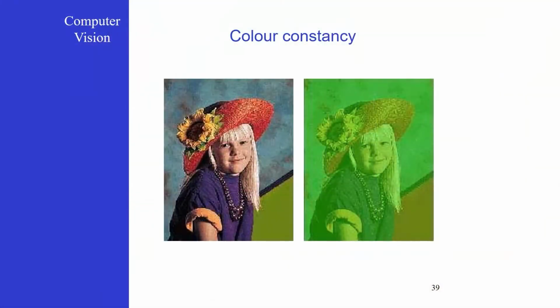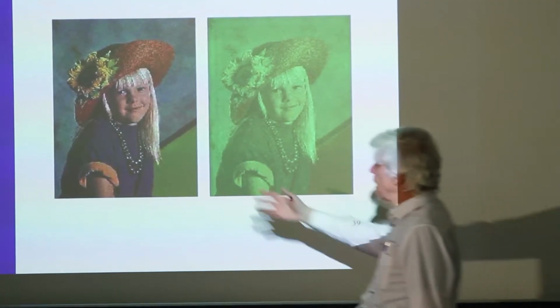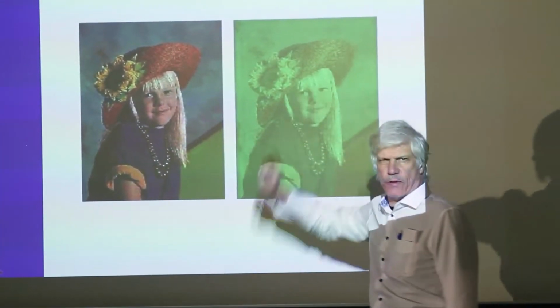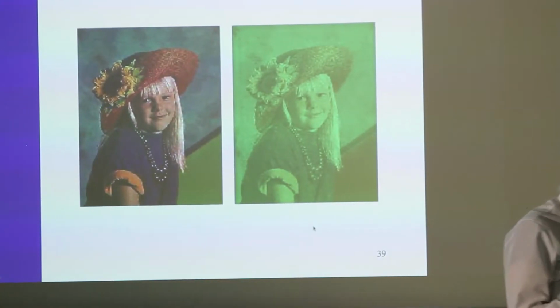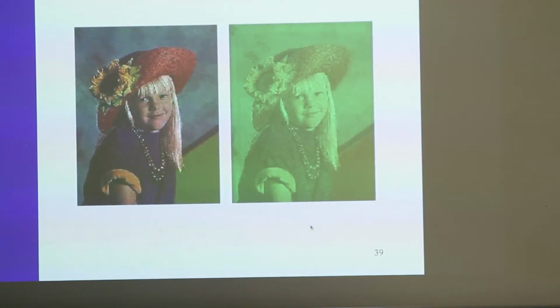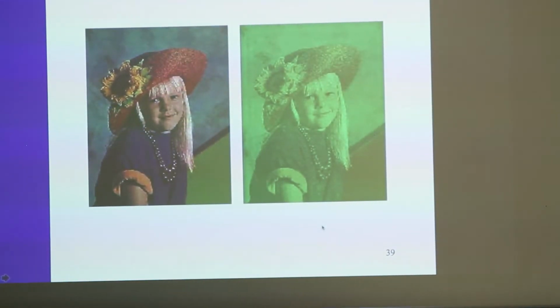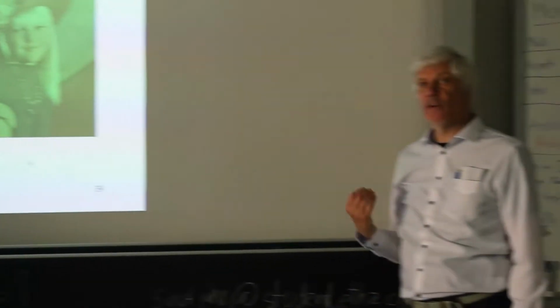And first of all, note that you can immediately see that the overall illumination is greenish here, right? So as a human, you immediately see that. But also note that this hat here still looks red to us, although there is objectively no red to be seen, because there are no wavelengths from the red part of the spectrum falling onto the scene and being reflected towards us.